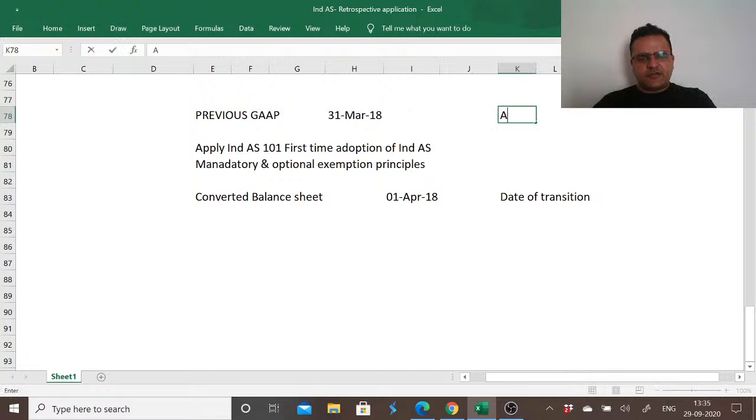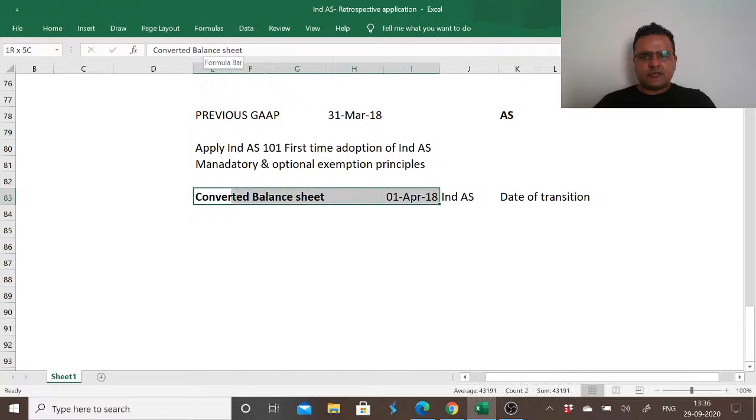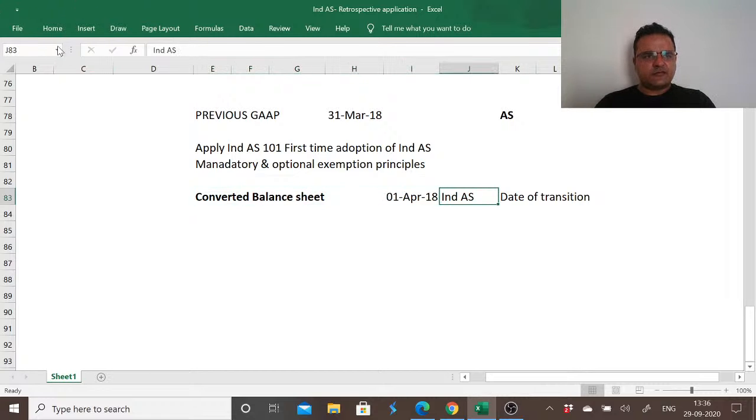So these are the financial statements published based on Ind AS. The 1st April balance sheet is based on Ind AS. This is the converted balance sheet.